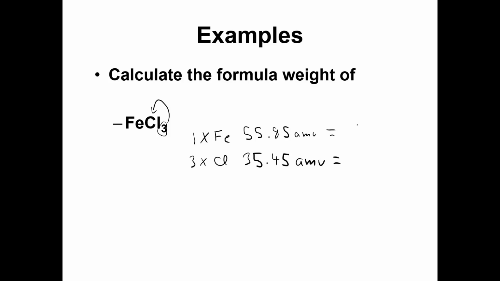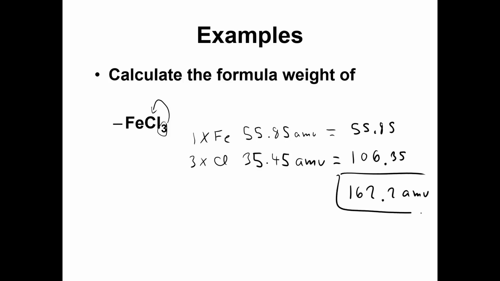This is still 55.85. Calculators are legal, so use one. 106.35. Add it all up. That makes 162.2 AMU. Okay. If you've done this before in high school, and you don't need to practice that, you should skip the next few examples and pick up where the mole is.